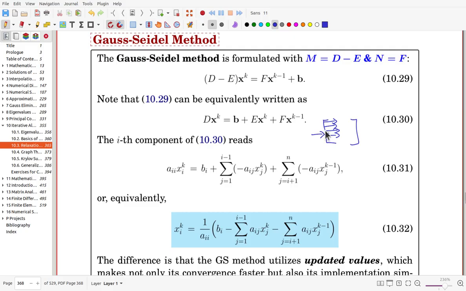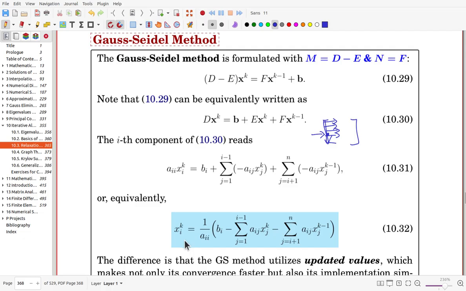Already we got the values. So here j is 1 to i minus 1, x_j are updated, so the updated value will be used. They are available already because we are going down one at a time, so at the ith position, these are all available. Is it clear? Yeah, it's clear.